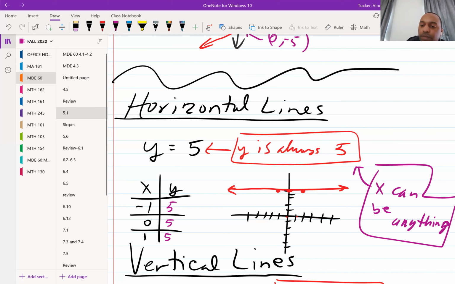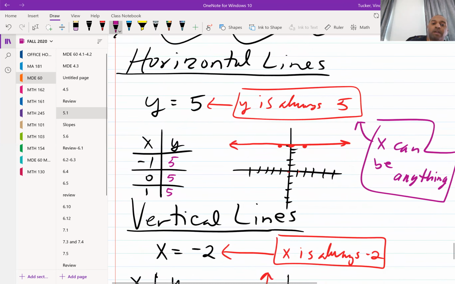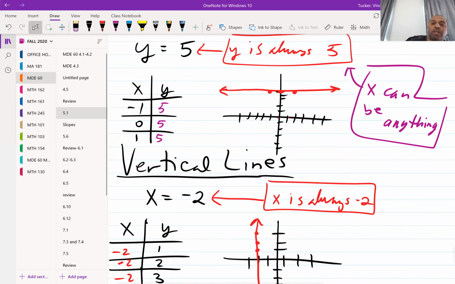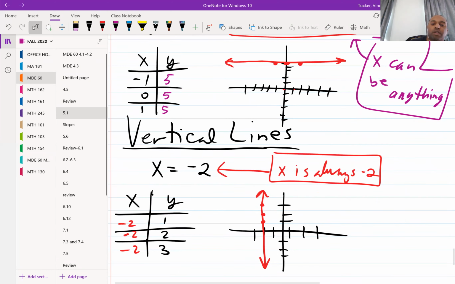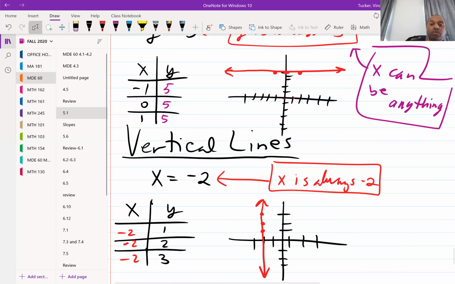So now just re-emphasizing that x can be anything, but y is always going to be 5. And that'll give you a horizontal line at 5. And if all you see is x equal to a number, this means that x will be that number always, and y can be anything.